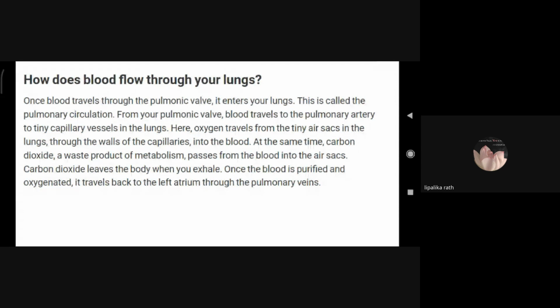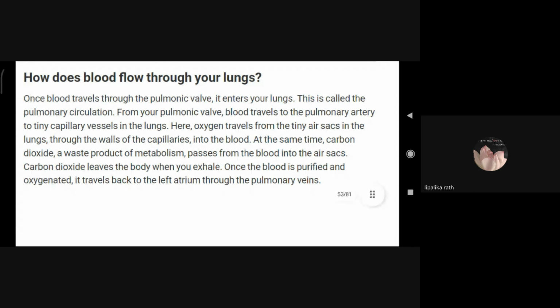We have discussed these things during our respiratory system as well, so I hope you remember these concepts. At the same time, carbon dioxide and waste products of metabolism pass from the blood into the air sacs. Carbon dioxide leaves the body when you exhale. When blood is purified and oxygenated, it travels back to the left atrium through the pulmonary veins.